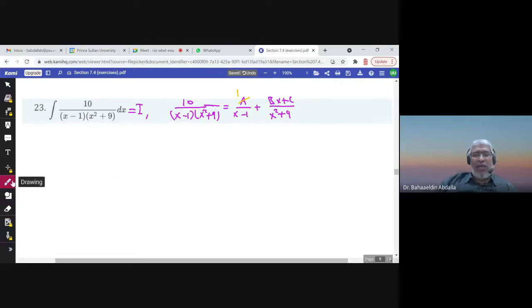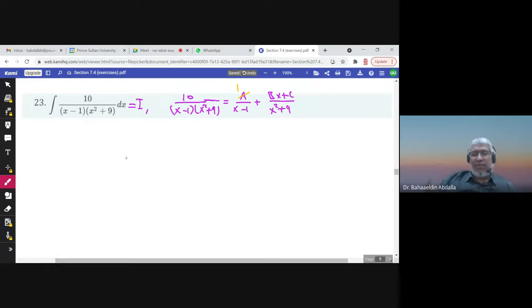Well, now I need to multiply by the LCD. And the LCD is x minus 1 times x squared plus 9. Multiply both sides. So 10 would be equal to, A is 1, when I multiply x minus 1 by this, I get x squared plus 9. I mean, I have 1 over x minus 1, and I'm multiplying by x minus 1 times x squared plus 9.